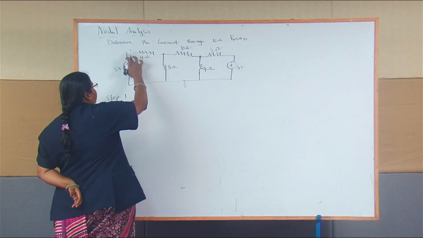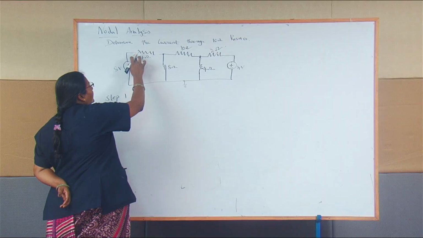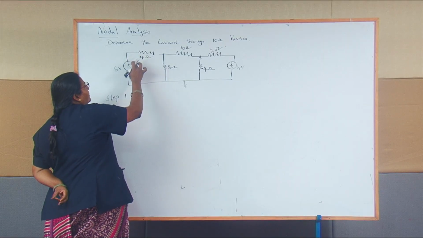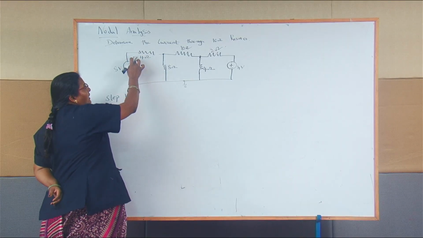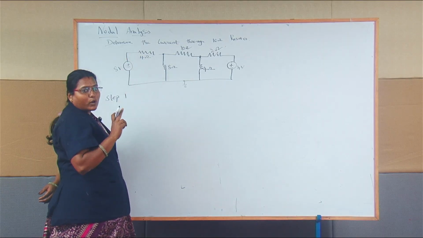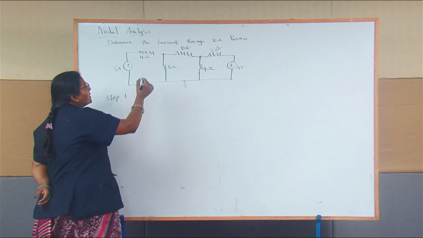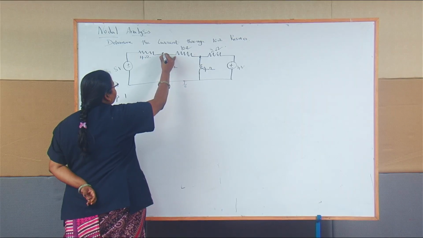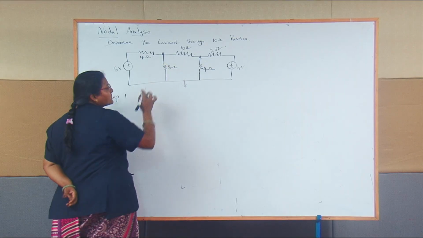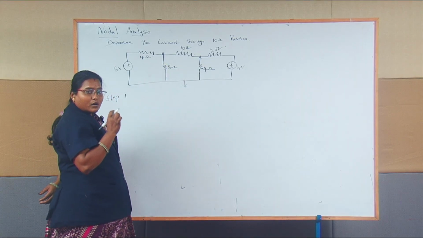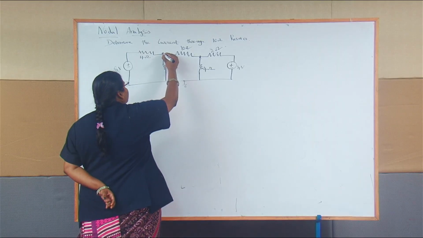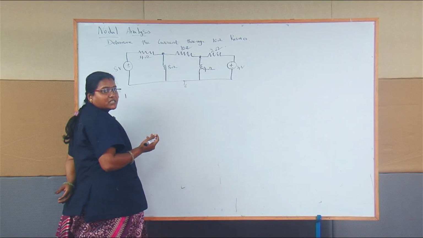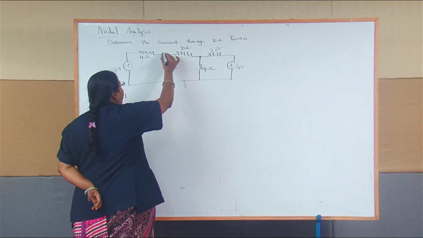You are not considering this as a node because here only 2 branches, the source voltage and this 4 ohms, meet at one point. But this 4 ohms, this 8 ohms and this 10 ohms meet at one point, called a node.